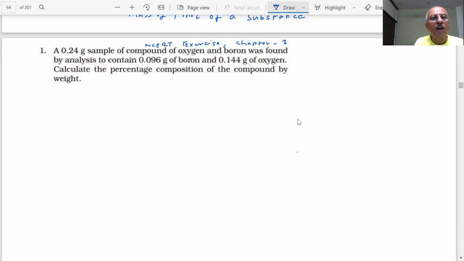Question number 1. 0.24 gram of a sample of a compound of oxygen and boron, a compound containing 2 elements, was found by analysis, because in chemistry we do analysis and experiments, to contain 0.096 gram of boron and 0.144 gram of oxygen. Calculate the percentage composition of the compound by weight.